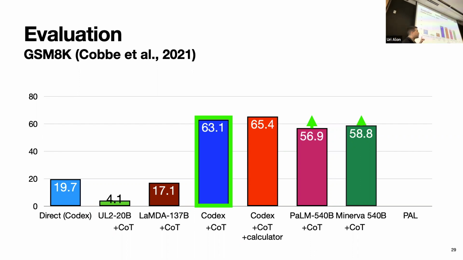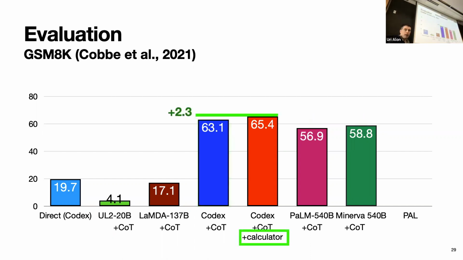The rest of the models are different base models, such as Google's LaMDA, Codex, Google's PaLM, and Minerva, that use chain of thought. One interesting thing here is that Codex using chain of thought performs better than PaLM and Minerva, even though PaLM and Minerva are much bigger, and Minerva was trained on explicit mathematical content. Another interesting point is that in the chain of thought paper, they experimented with using a calculator.